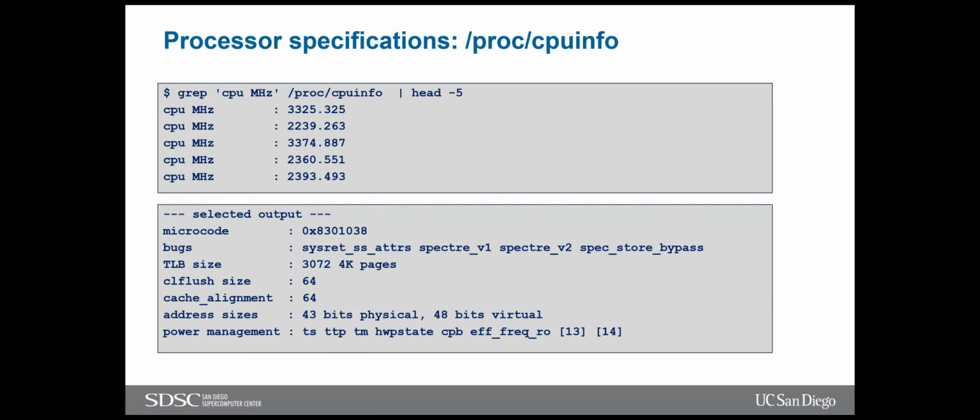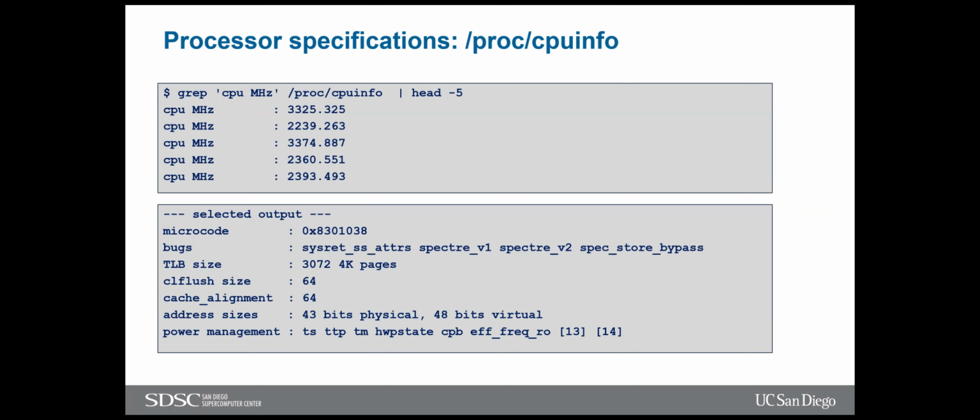One other thing to note is that these pseudo-files can have a lot of information. If you just run a cat on this file, it'll give you about 2,000 lines. You can dig through it and find very interesting information, or you can use some scripting tools to pull out specifically what you want.